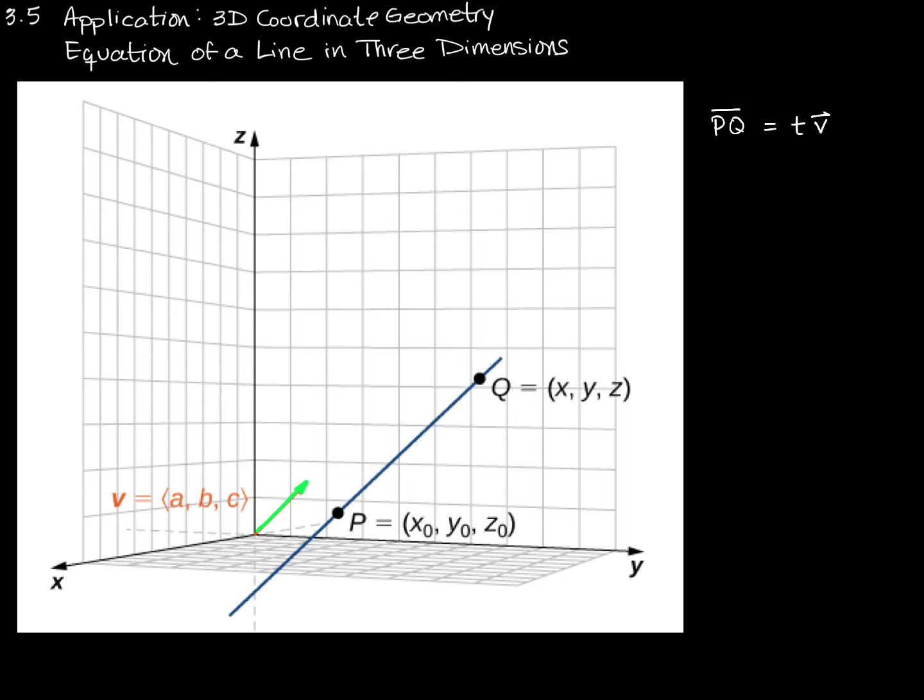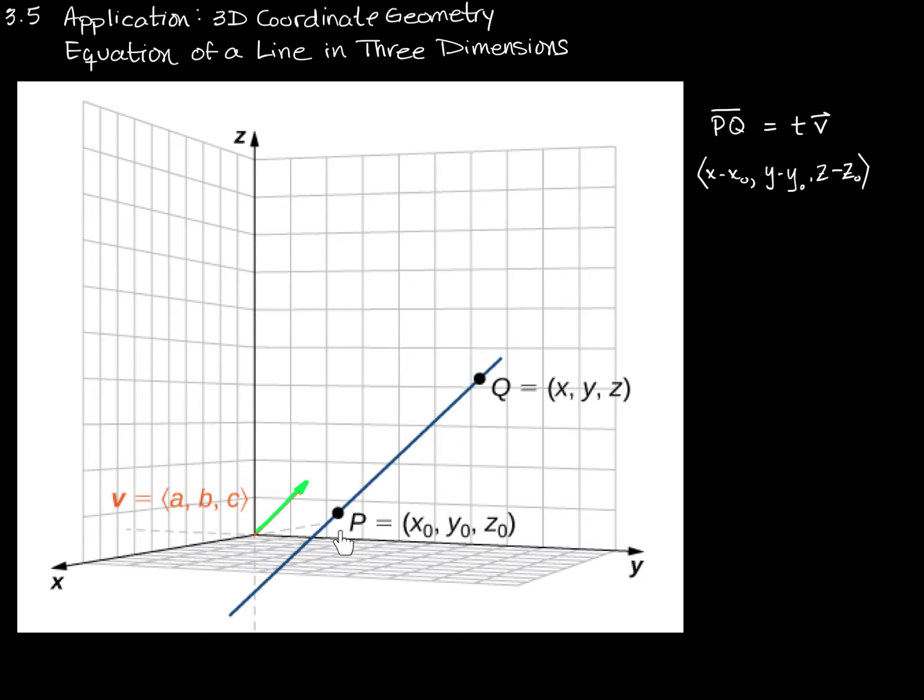Well, the line PQ can be thought of as a vector in its own right. We have x minus x naught, y minus y naught, and z minus z naught as the components of that vector.